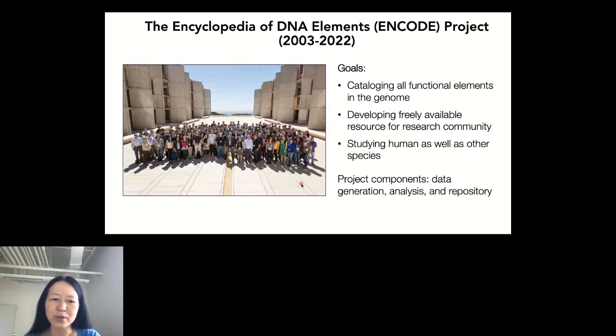And here's a picture of the ENCODE consortium before COVID started. And the project has completed earlier this year and has generated a whole bolus of data, hopefully energized a whole field to move forward. So my lab specifically, have been part of the consortium in terms of data analysis.